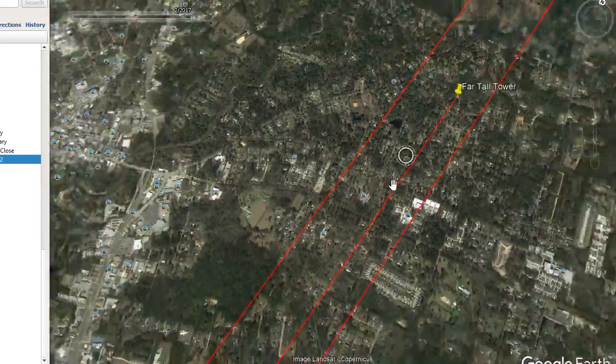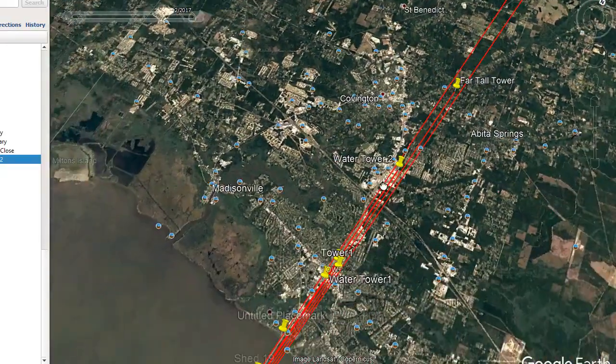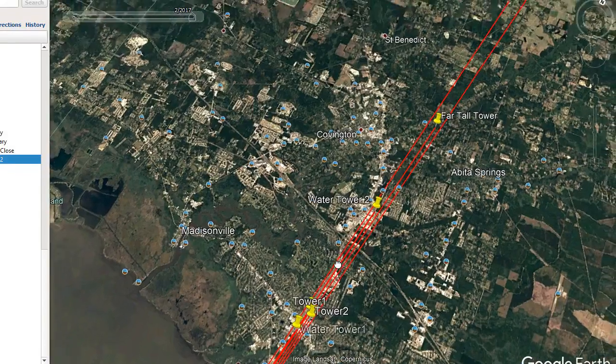So Google Earth, so we go way past these two towers.